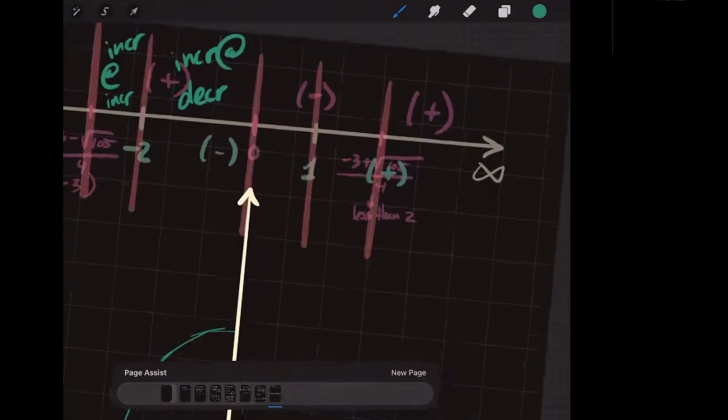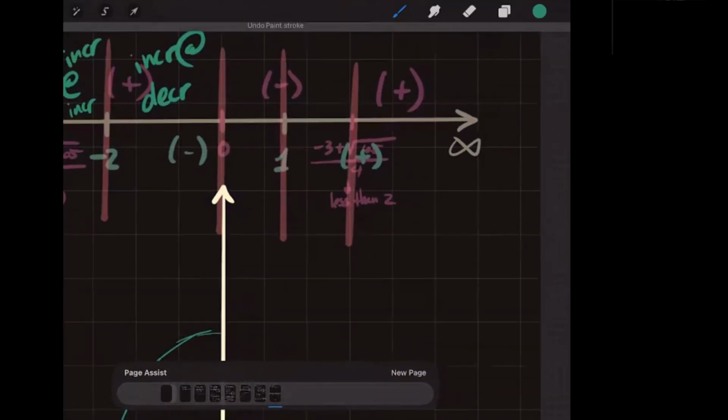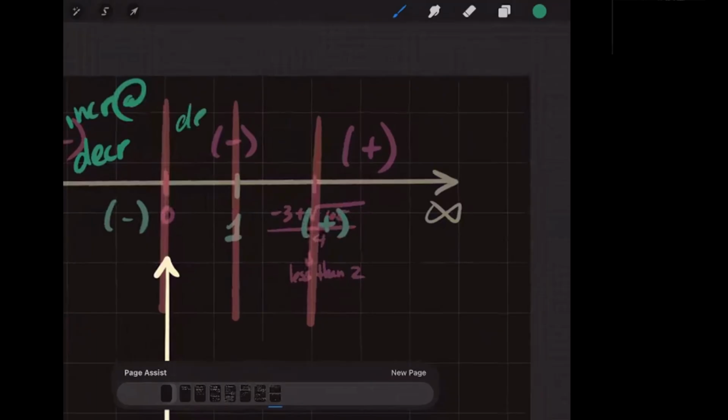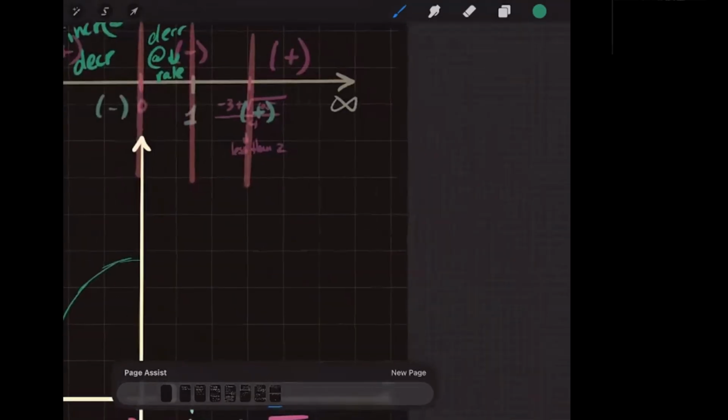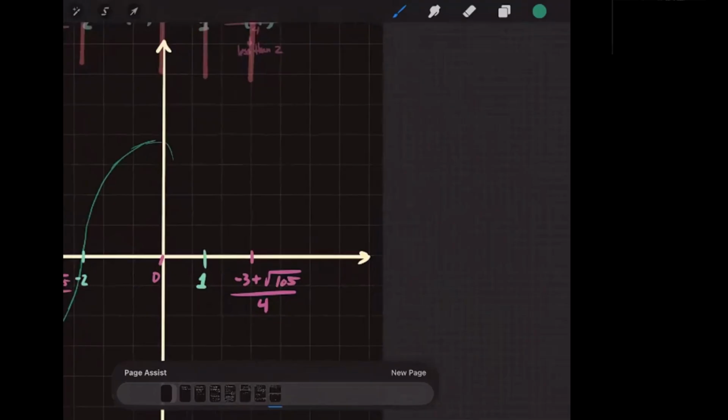And then we find, oh, from 0 to 1, we change to decreasing, or we are decreasing at a decreasing rate. So decreasing at an increasing looks like this, decreasing at a decreasing looks like that. More smooth, right?